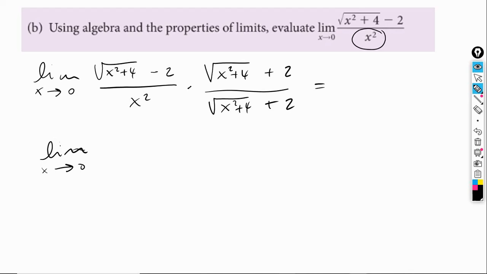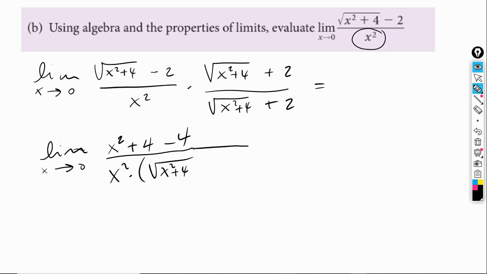Of, and this is just the difference of squares, so we're going to get x squared plus 4 minus 4, a difference of squares, over x squared times, and I'm not going to expand this, I'm just going to leave the expression, x squared times square root of x squared plus 4 plus 2.